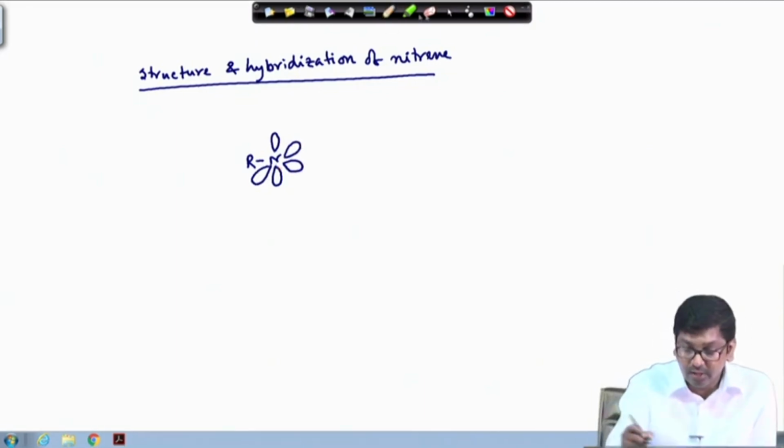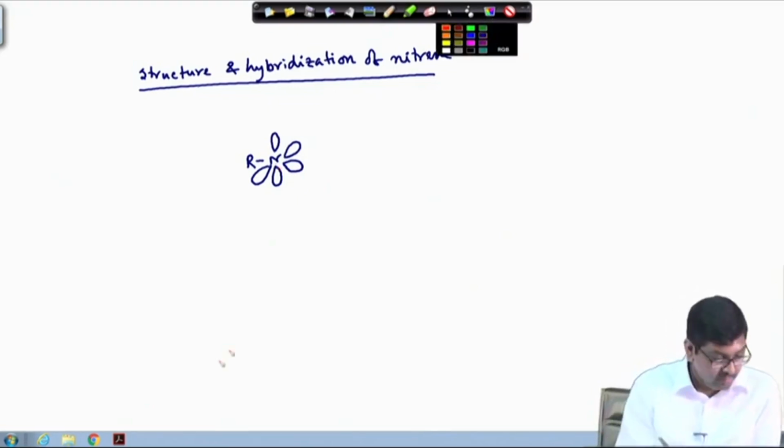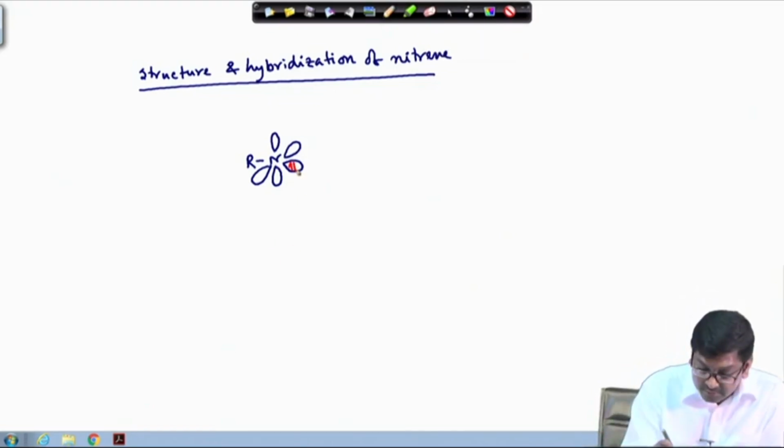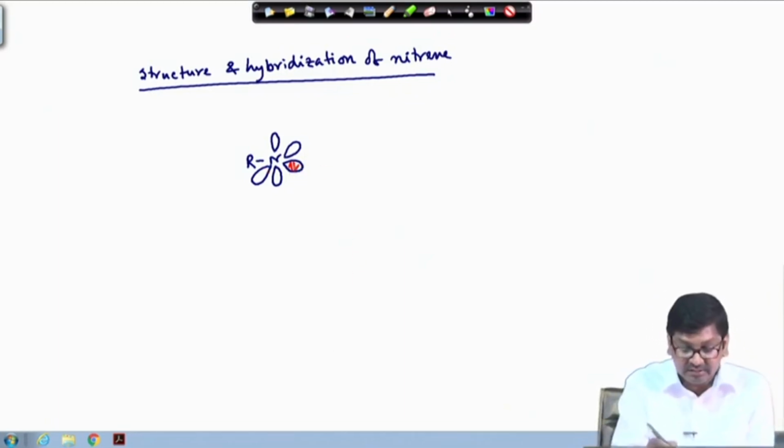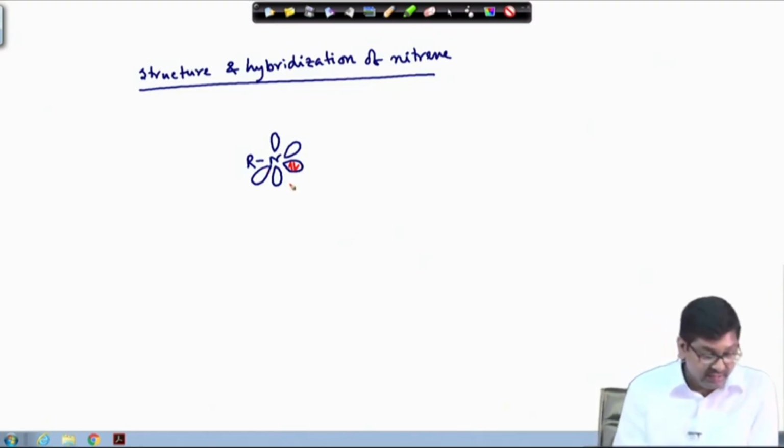Okay. So, now we have a total of 6 electrons. One pair is the bonding pair of electrons, and another 2 electrons are the nitrogen's lone pair.